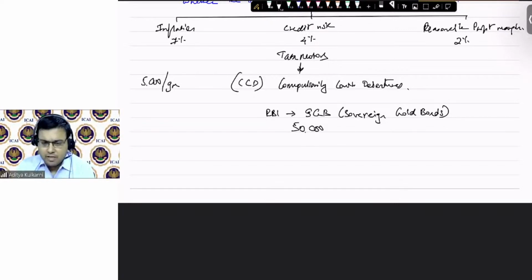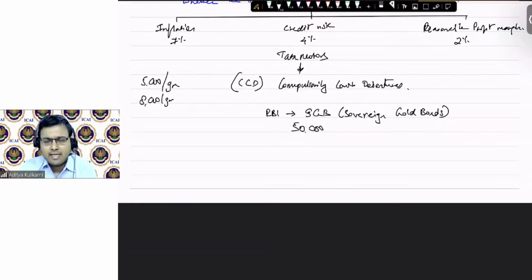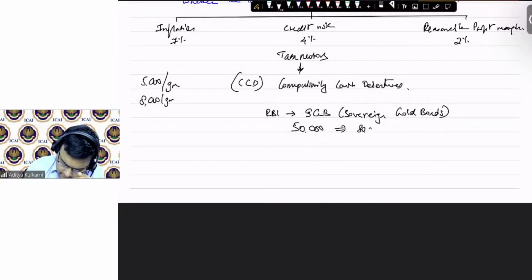At the end of the life, you are going to get, suppose the price is 8,000 per gram. पहुंच सकता है. Looking at the way gold is increasing, वो 8,000 जल्दी पहुंच जाएगा. So you are going to get 80,000 rupees return. Okay, so this is your invested amount and this is the redemption value.